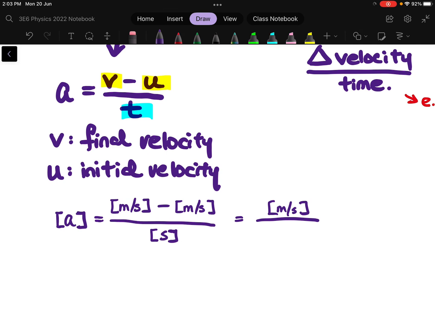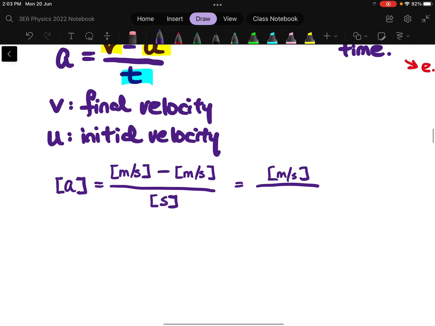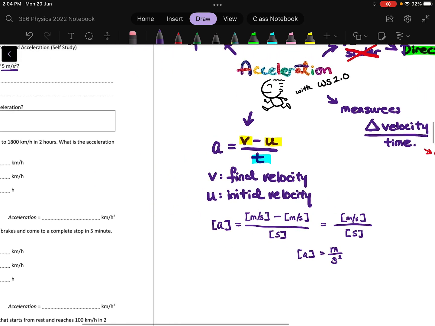Like 6 orange minus 3 orange, you're still going to get some orange. Then here you will see that you have meter per second divided by second. So meter per second divided by second simply means meter per second square. So that is how you derive the unit for acceleration.